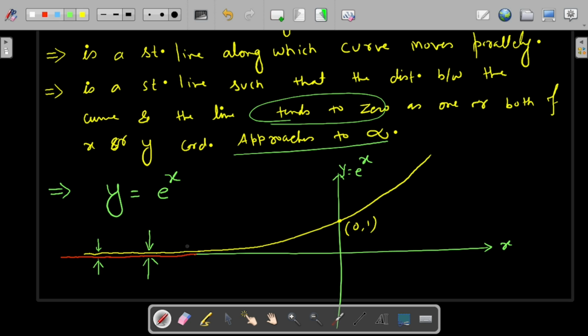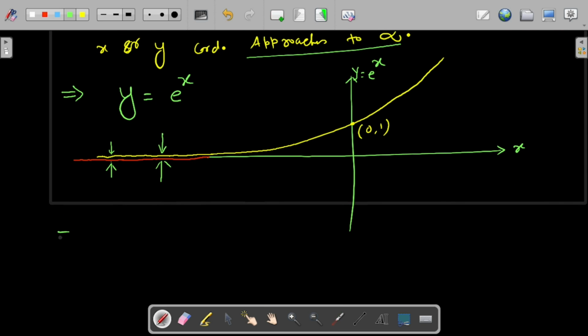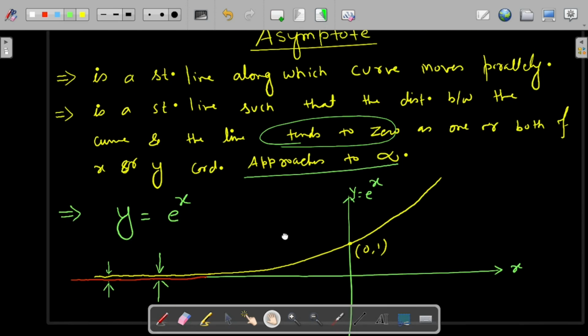The gap between the yellow curve and the red line, the x-axis, tends to 0. So we can say that here the x-axis is the asymptote of this curve.